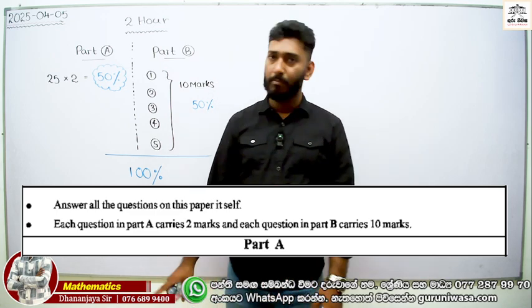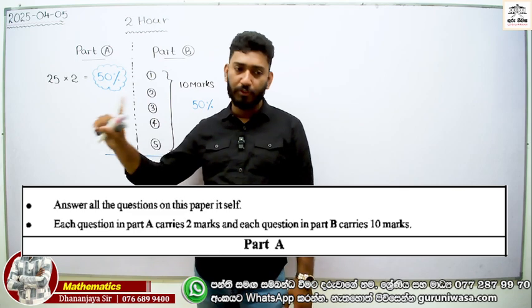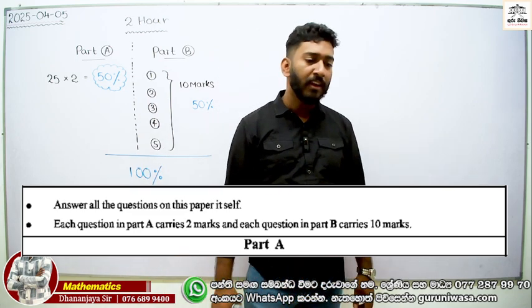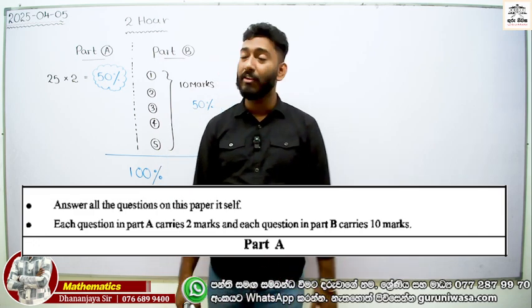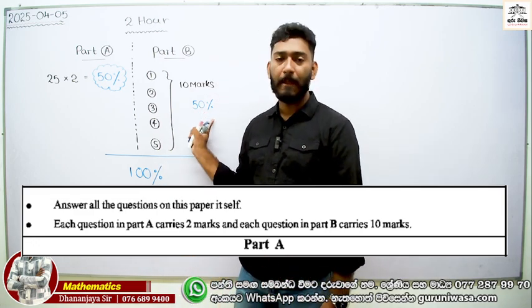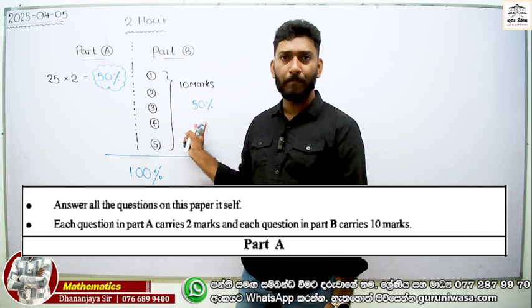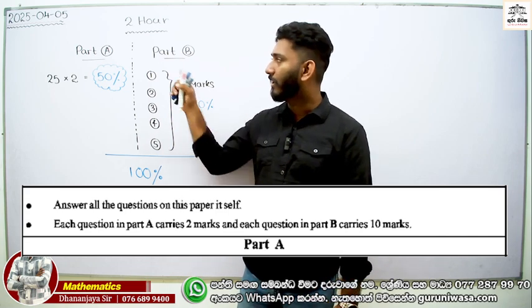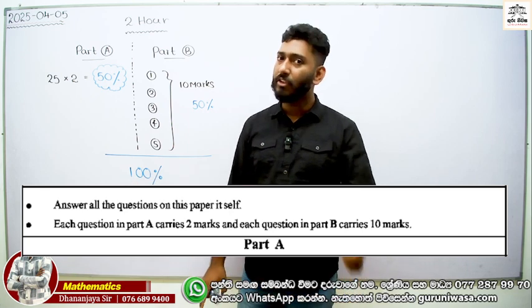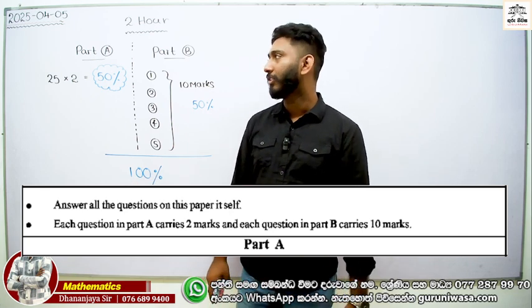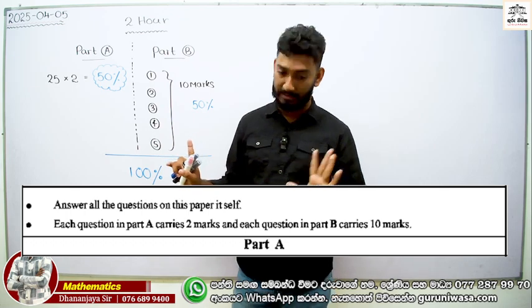Part A, how many? 25 questions, each carries 2 marks. And each question in part B carries 10 marks. This is part B. That totals 100%.